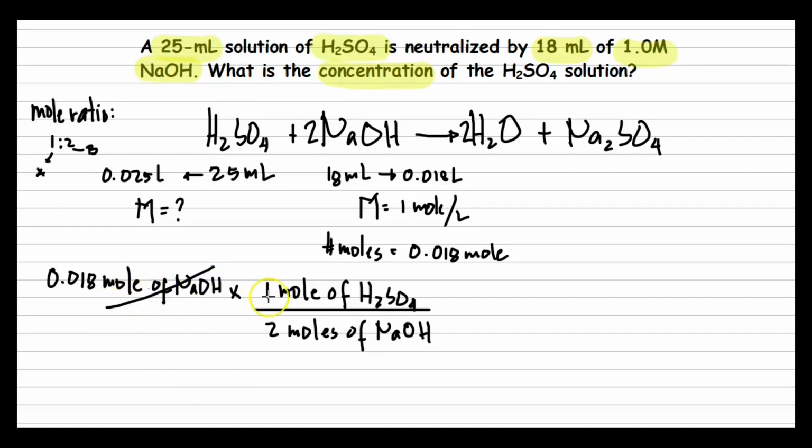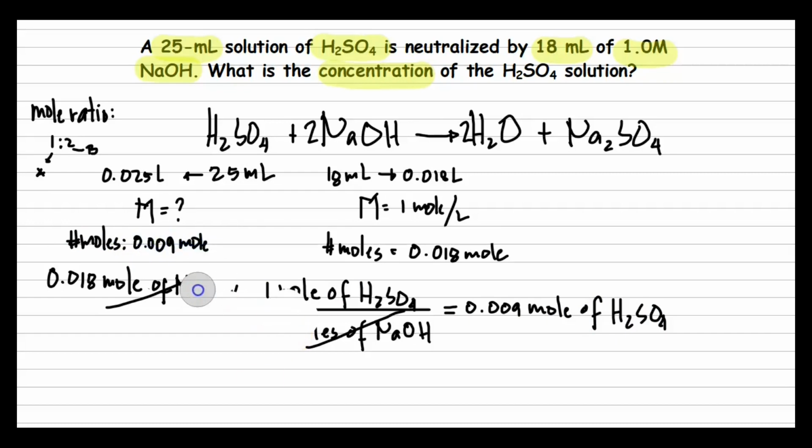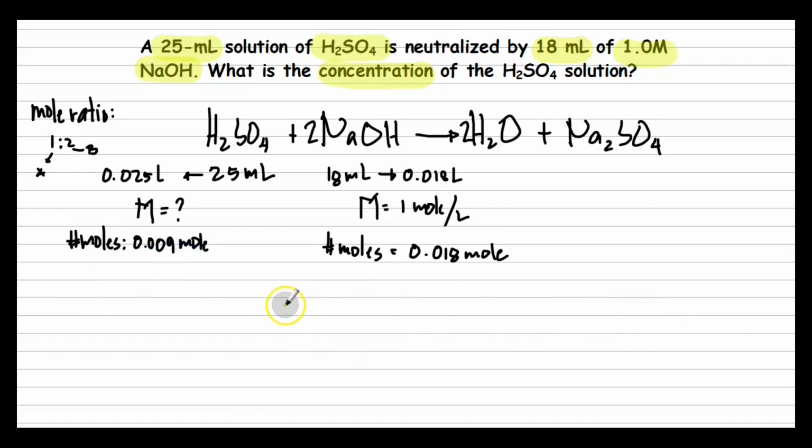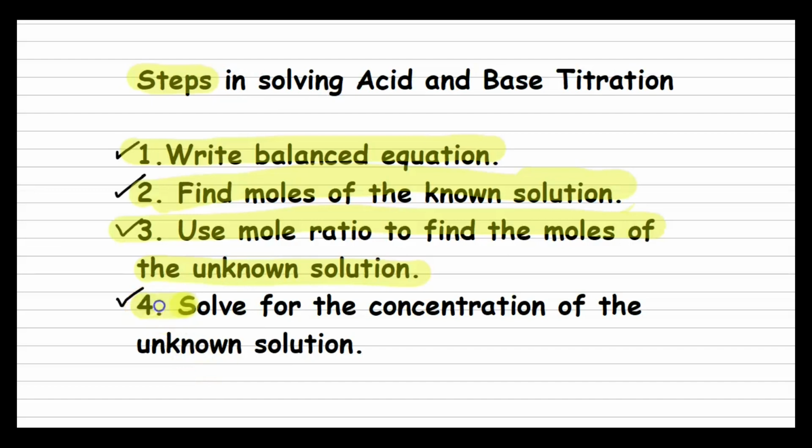You can always swap the mole ratio depending on which one you want to solve. So the number of moles for H2SO4 is 0.009 moles. For our last step, solve for the concentration of the unknown solution.